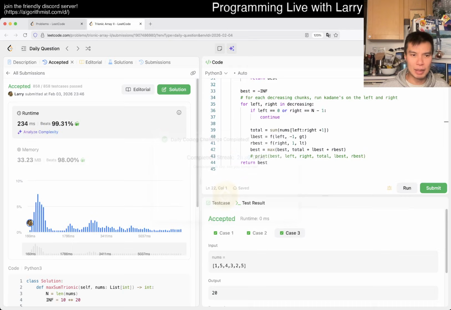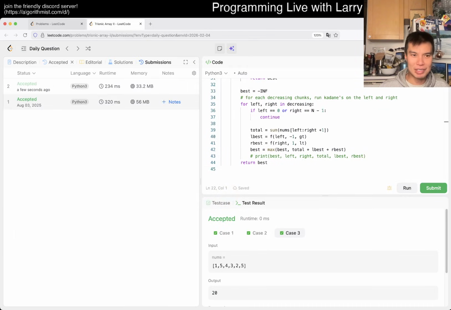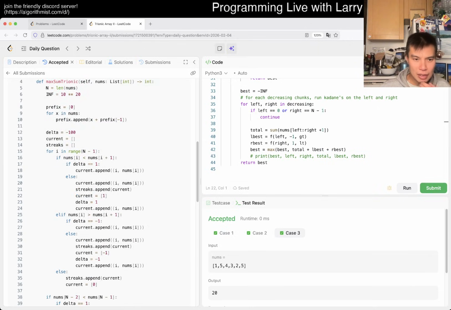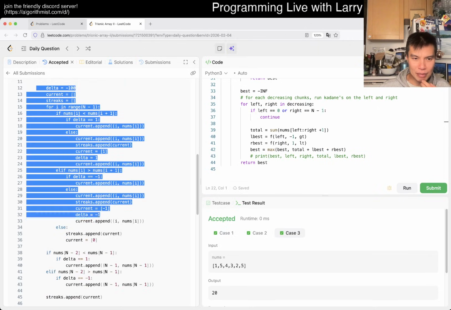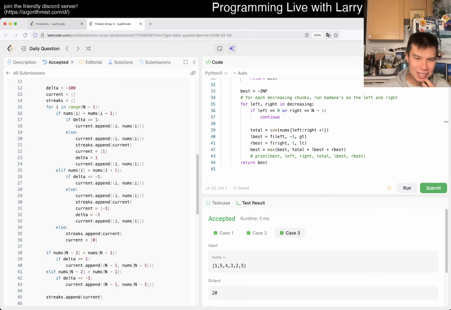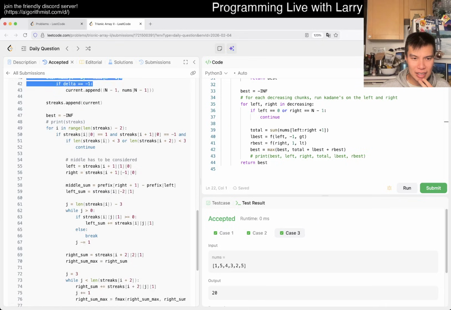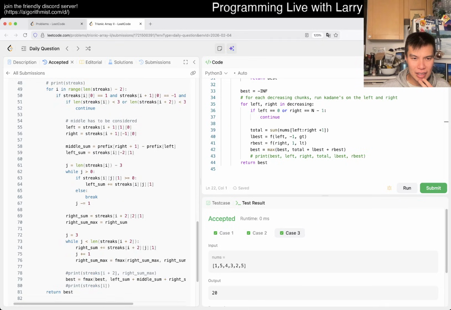How did I do it last time? Did I do it with a crazy segment tree last time, or did I do it this way? I did prefix sum. This is the same thing as what we did now, except maybe it tried to do a group by thing, right? So the middle sum is the prefix.